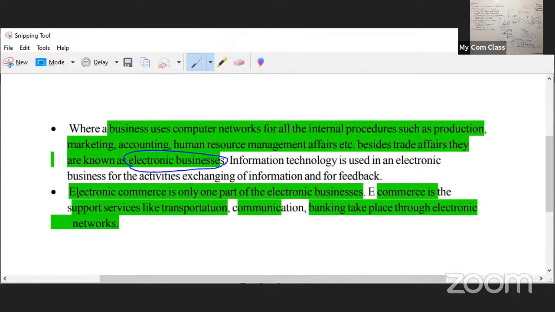The electronic business comes first, so make sure you write it in the right place. After that comes electronic commerce, right? Electronic commerce is only one part of electronic business. E-commerce is support services like transportation, communication, banking taking place through electronic networks. So the widest concept here is electronic business, because everything there happens through the use of the internet.